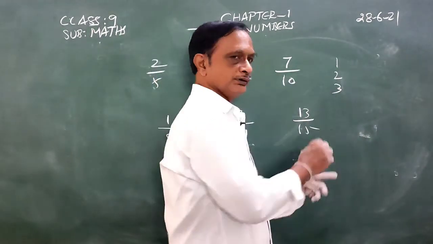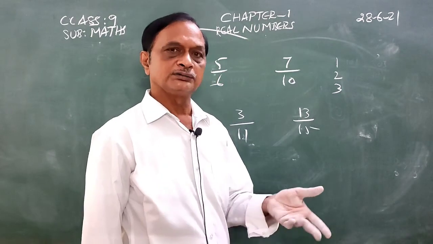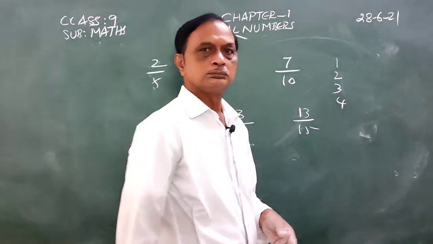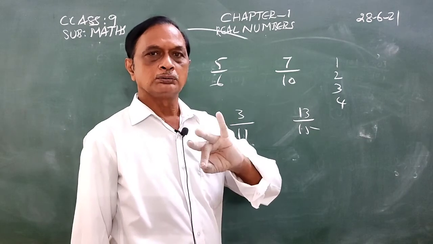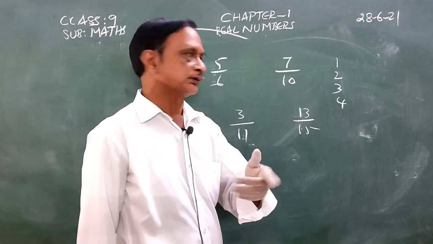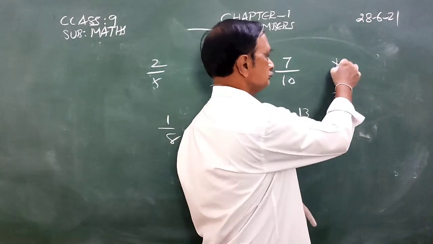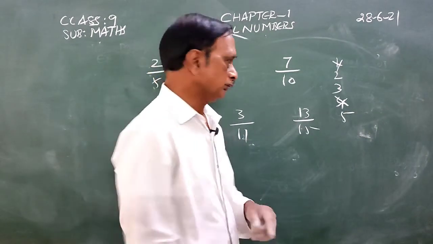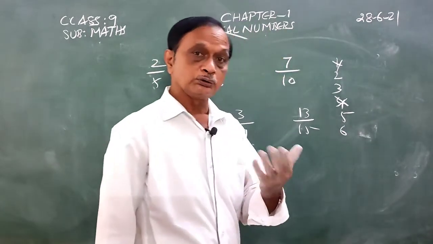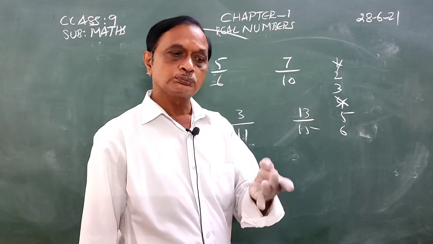3, is it a prime? Yes, 1 and 3. 4? No. It has 1, 2, 4. 3 factors. More than 2 factors. Not a prime. 5, it has only 2 factors, 1 and 5. 6, it has more than 2 factors: 1, 2, 3, 6.